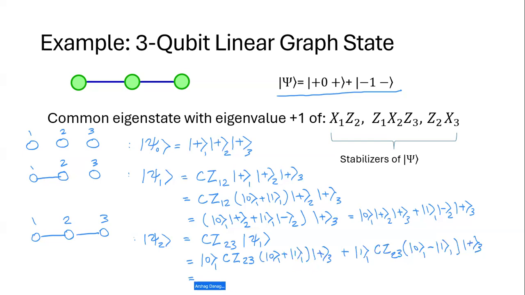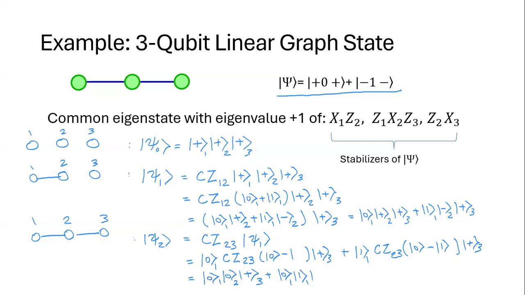So what we'll have? We'll have 0 plus, oops, this is the second qubit. Apologies. Okay, 0. And if the second qubit is in state 1, then the plus flips to a minus. Sorry, correction.